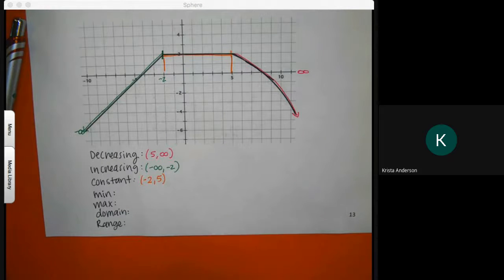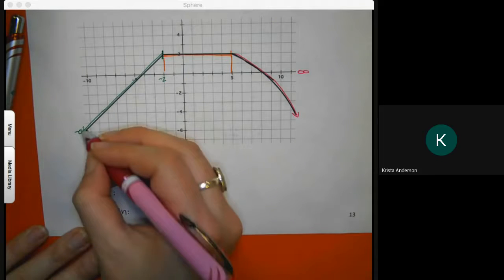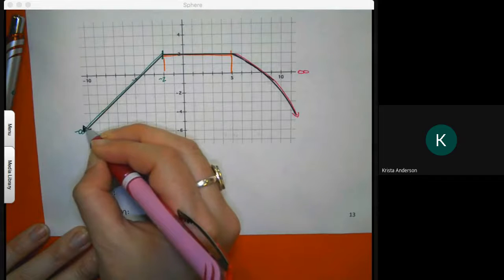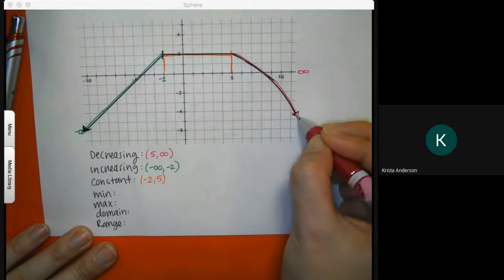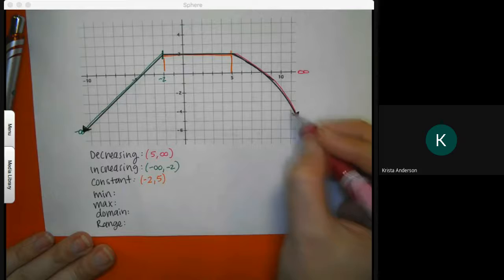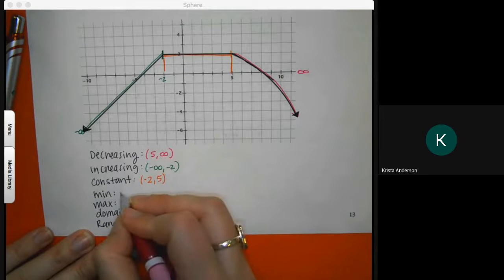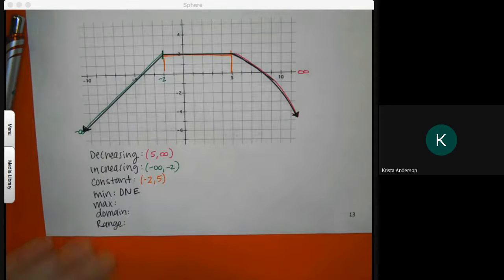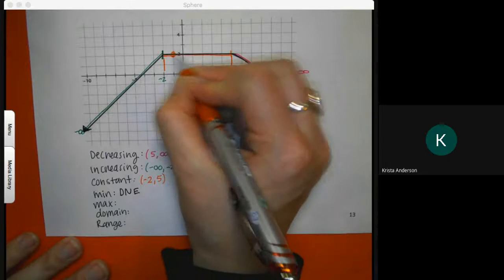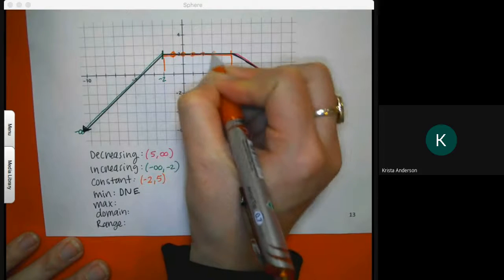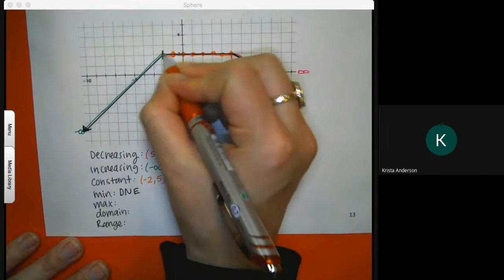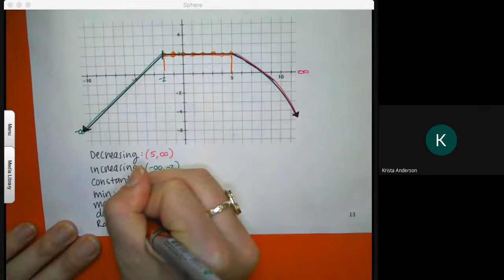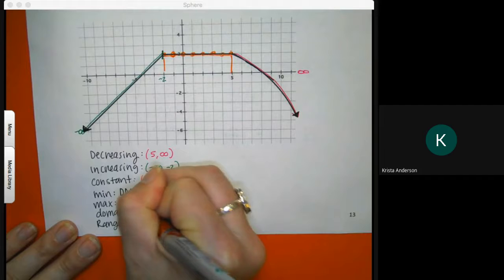The minimum point, you will notice that there's an arrow here, which means it keeps going down, and an arrow here, which would represent it's going down. There would be no minimum. Now the maximum, all of these points along here are maximums, so I could pick one of them.